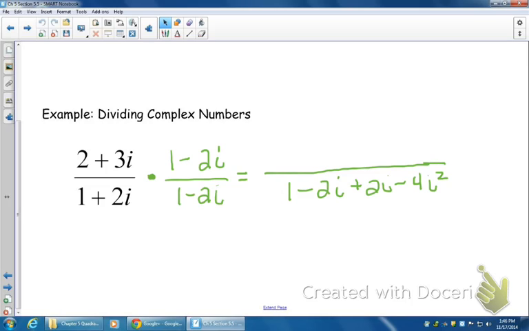In the top, 2 minus 4i plus 3i minus 6i squared. Again, we need to remember that i squared is negative 1.